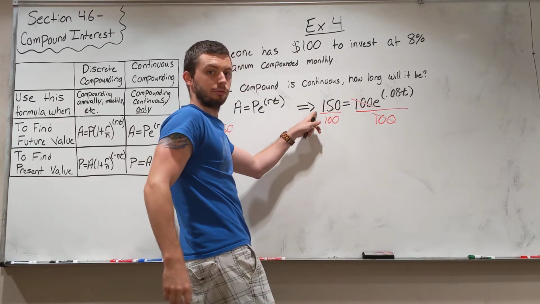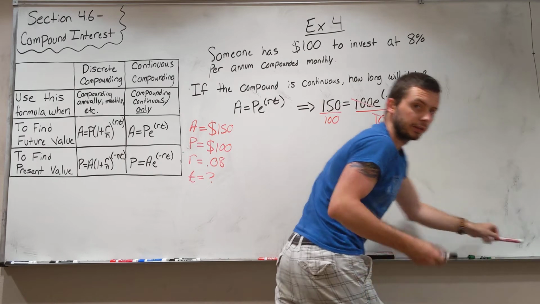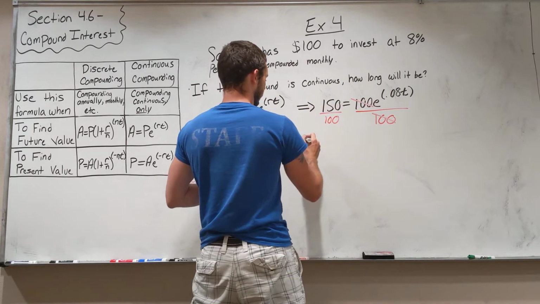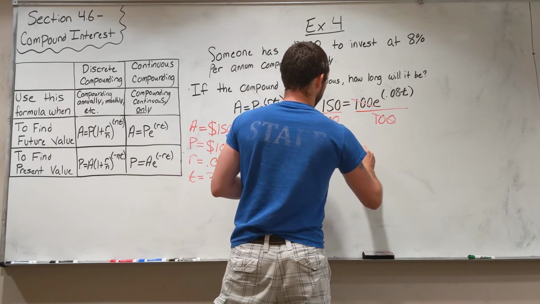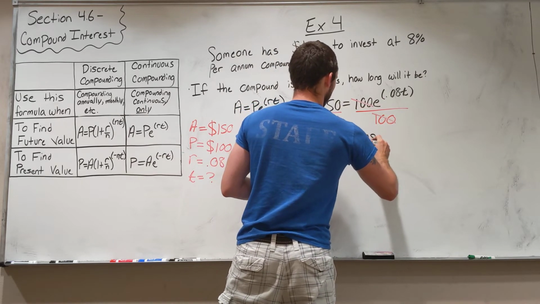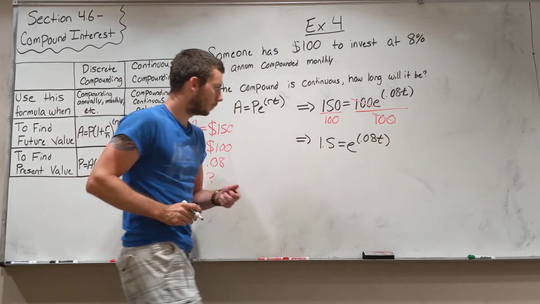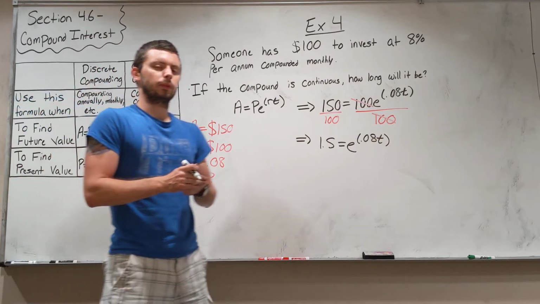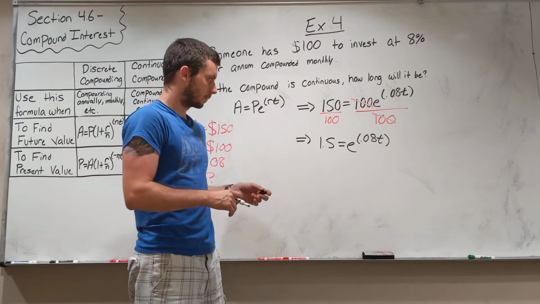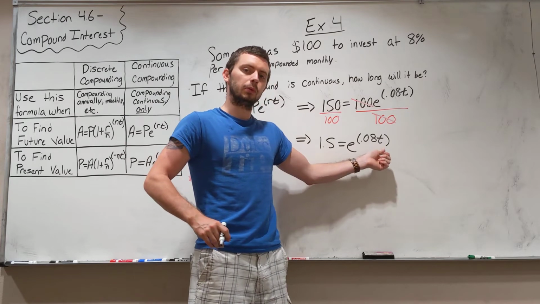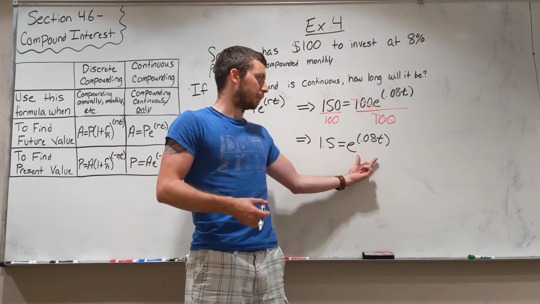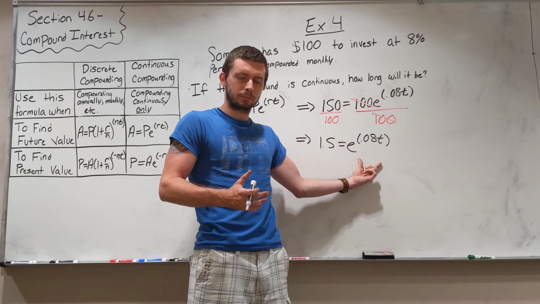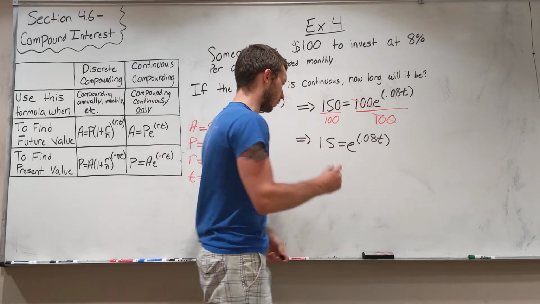And so 150 divided by 100, that is in fact 1.5. So the same idea as before, we have a variable that is stuck in the exponent, and we have an exponential that's all isolated, which means we apply the natural log.